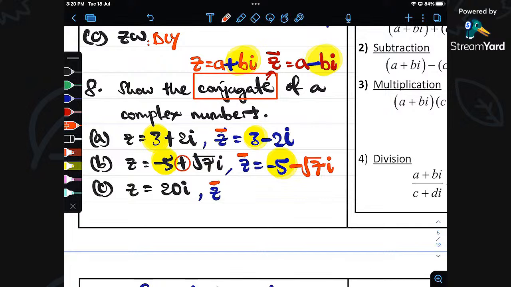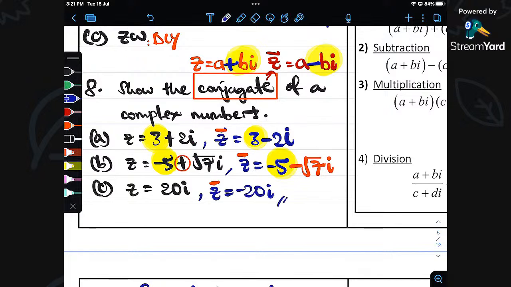Can you all comment in the chat there? Simply write down what's the answer for 20i. -20i. Very good. Well done, all of you.